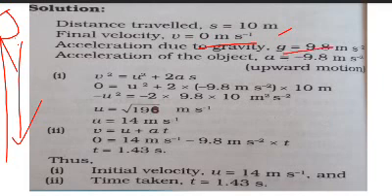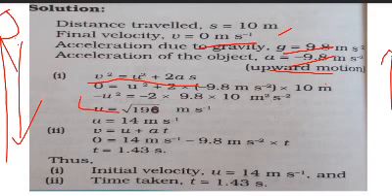Acceleration of gravity: if the object is moving against gravity, it is negative 9.8 meter per second square. The first formula used is v square is equal to u square plus 2as. By substituting the values in this formula, we get the answer, that is u, the initial velocity.